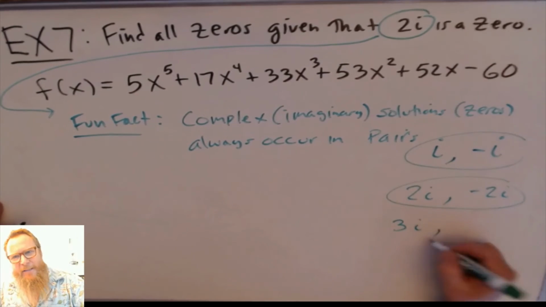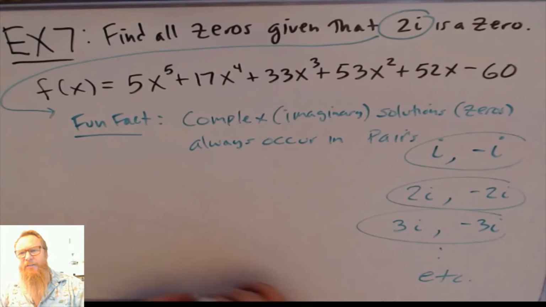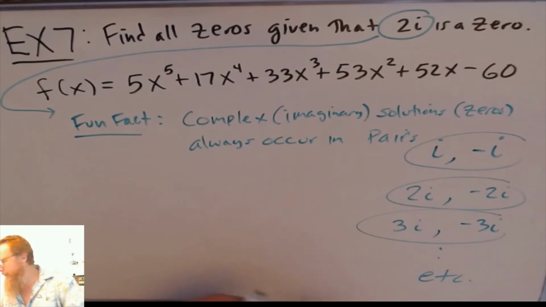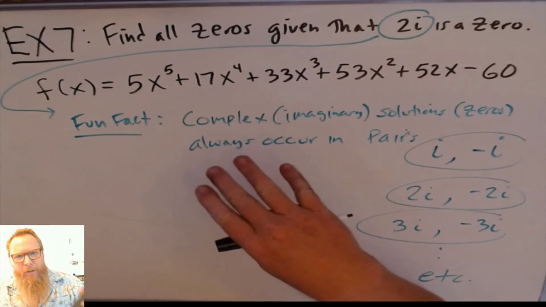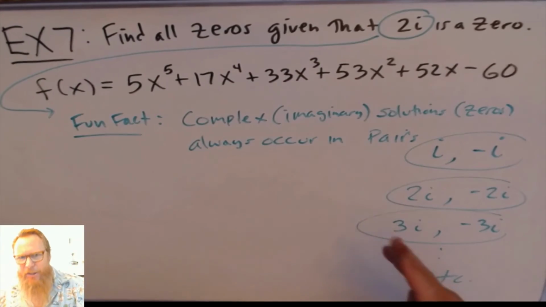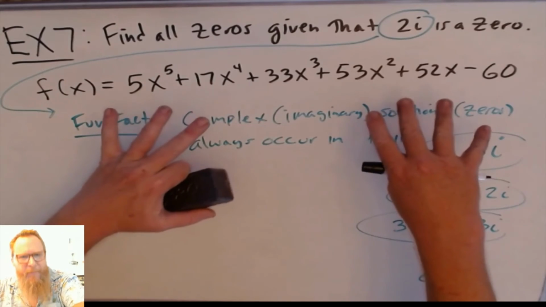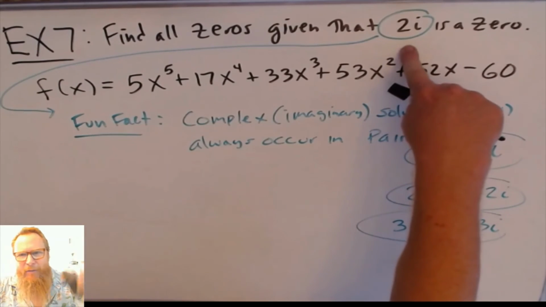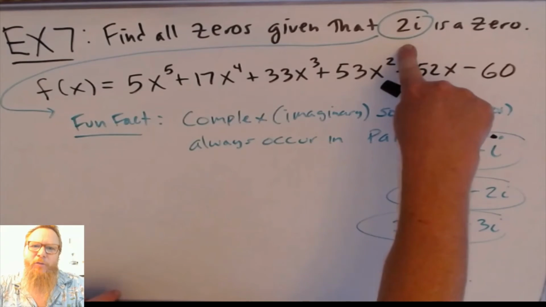If 3i is a solution, then negative 3i is a solution, etc. When I give you this type of problem, usually with the very large ones, bigger than, say, third degree, I typically give you a hint. Even though I'm only giving you one hint, I'm actually giving you two hints.